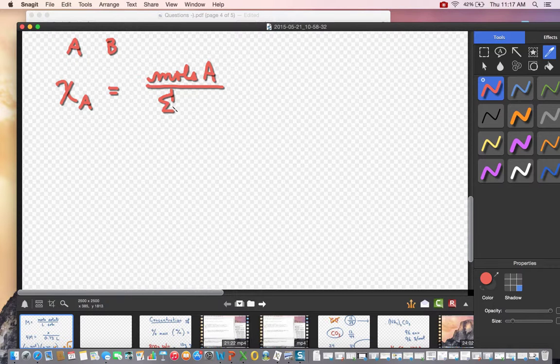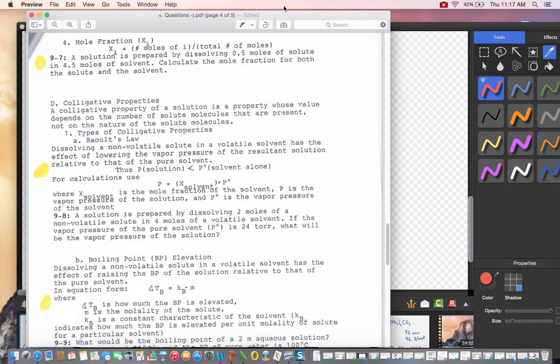I represent that with a summation of all the moles in the system. So in our example problem, which is 9.7, we have 0.5 moles of solute and 4.5 moles of solvent.